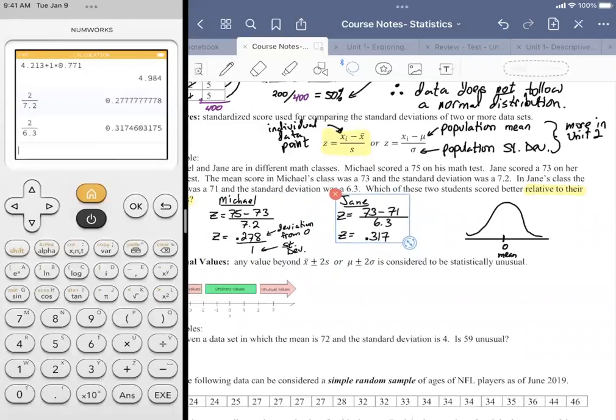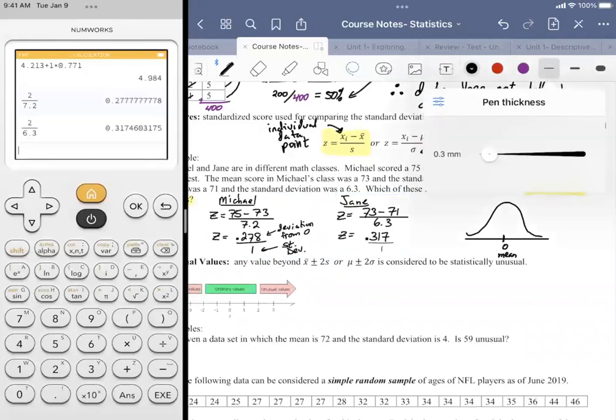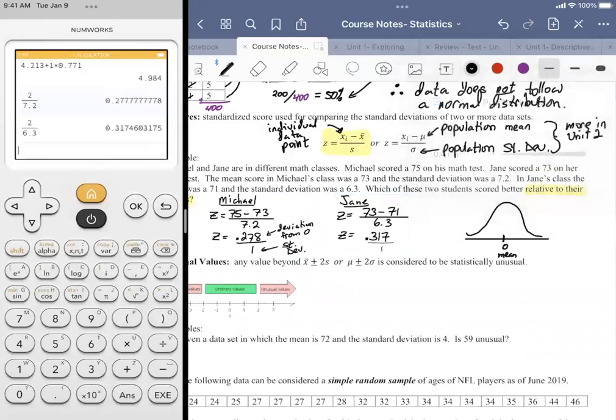Same idea for this one. This is the same as saying 0.317 over 1. So this is deviation from 0. And this is the new standard deviation because we did a unit conversion.